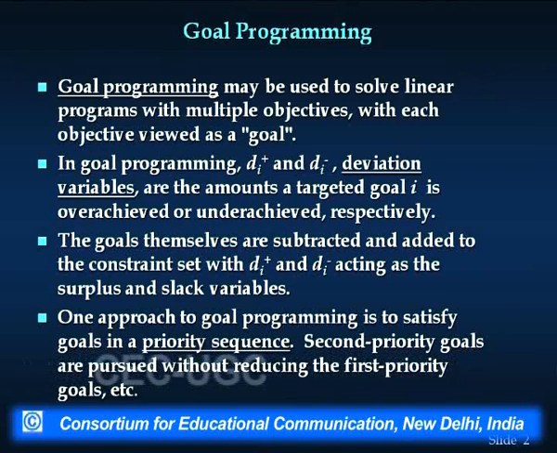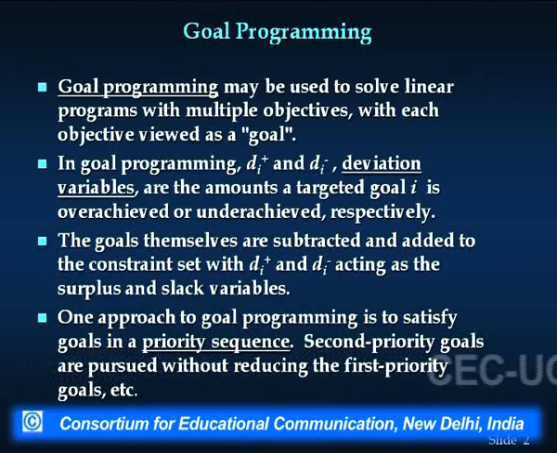The third thing which we want to discuss is the goals themselves are subtracted and added to the constraint set with di plus and di minus acting as the surplus and slack variables. This statement will also be elaborated while solving one of the problems: how these are added, how these are subtracted to make the equation possible.